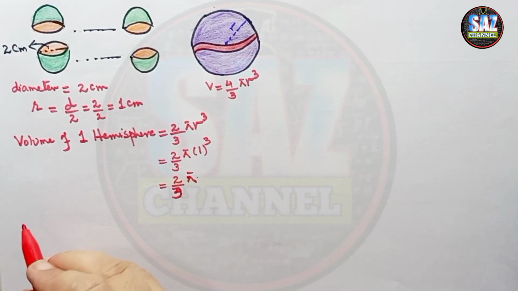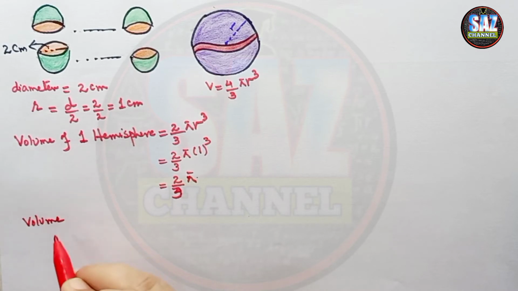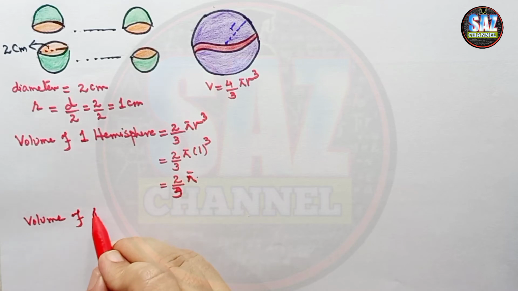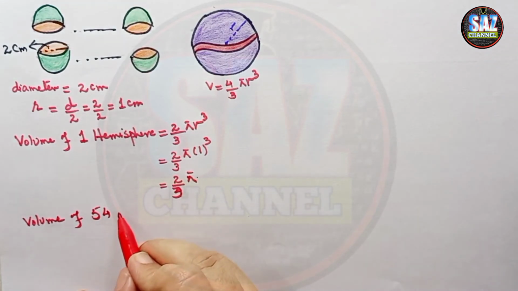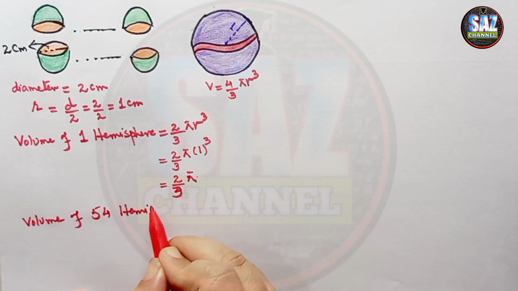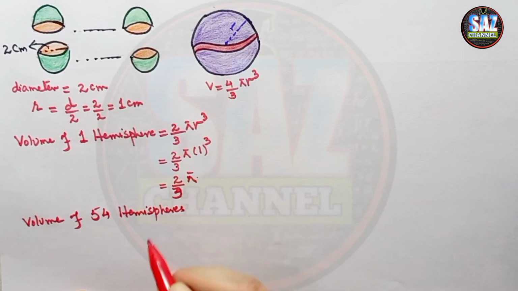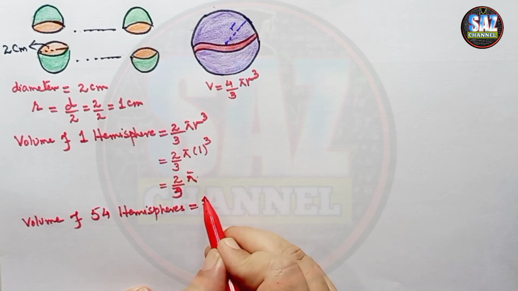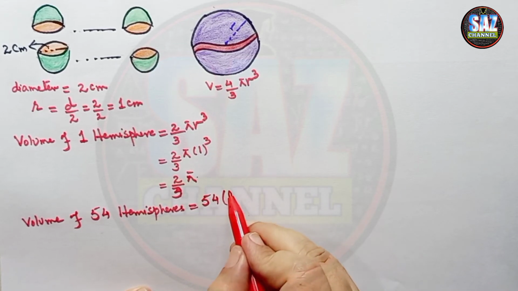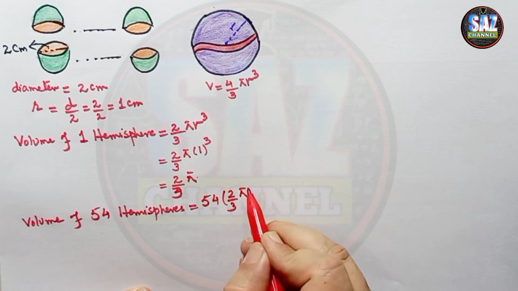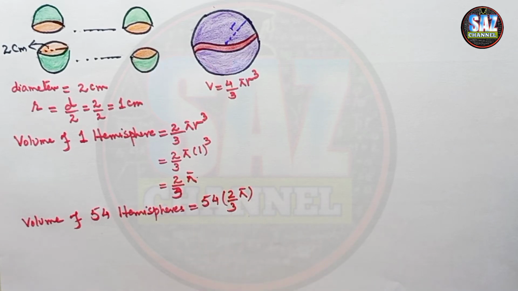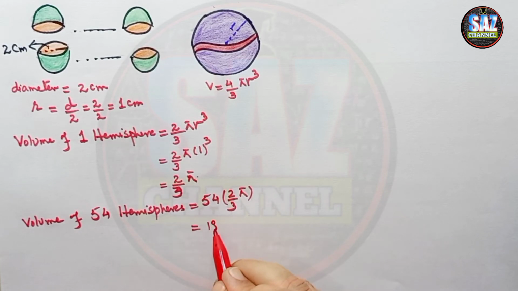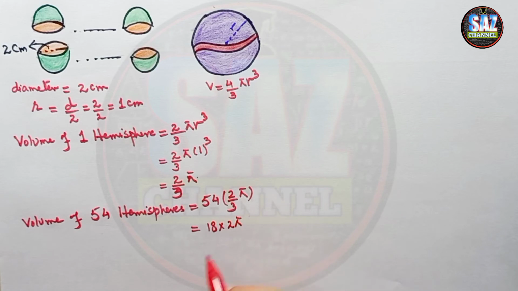Okay, and then we have to find volume of 54 hemispheres, which equals 54 times volume of one hemisphere, which is equal to 2 by 3 pi. 54 can go with 3 easily. 54 divided by 3 is 18, multiplied by 2 multiplied by pi, which is equal to 36 pi.